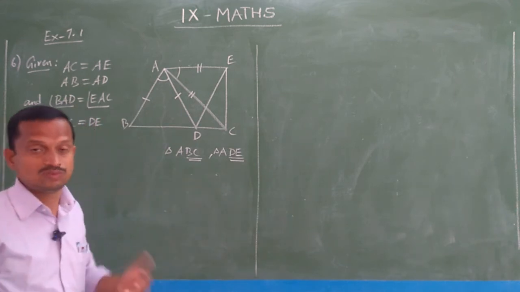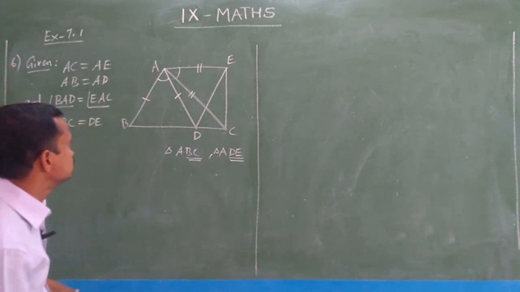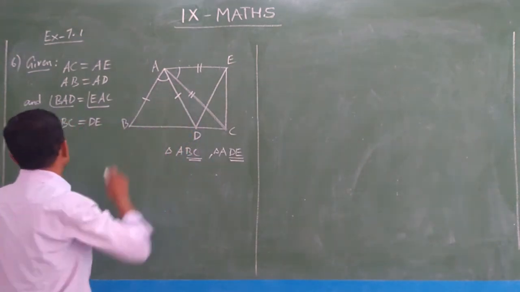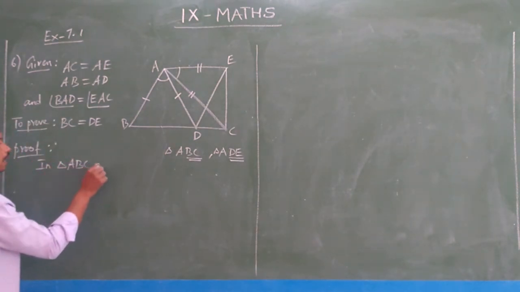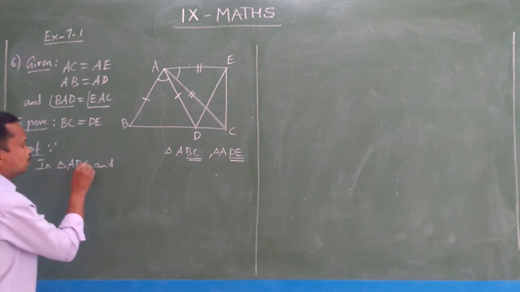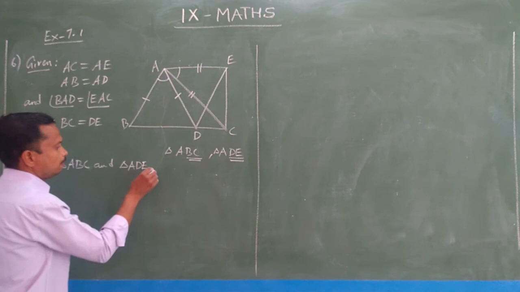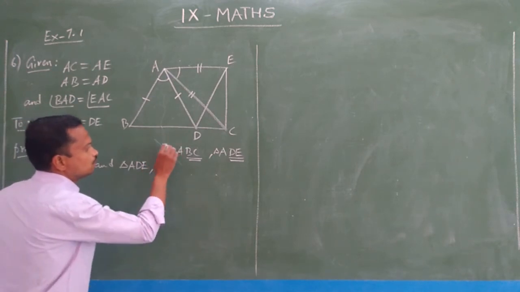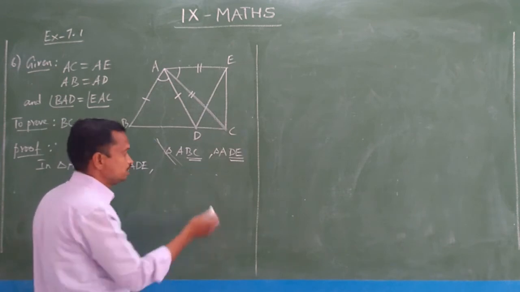So first, we have to prove these two triangles are congruent. So for that, in triangle ABC and triangle ADE, this is just written for your understanding. No need to write this.